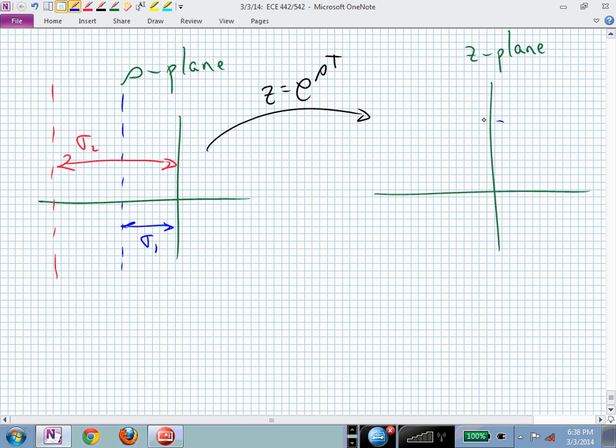And let me say that that's here. Wow. I didn't take an art class. This is now e to the minus sigma 1 t. That's some radius away from the origin. Where's the red circle?